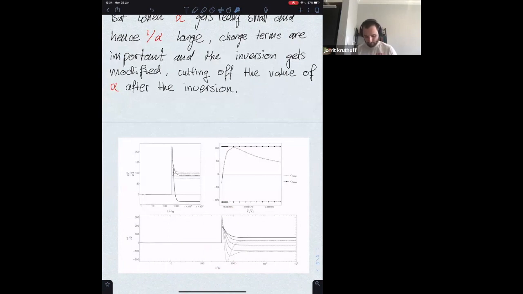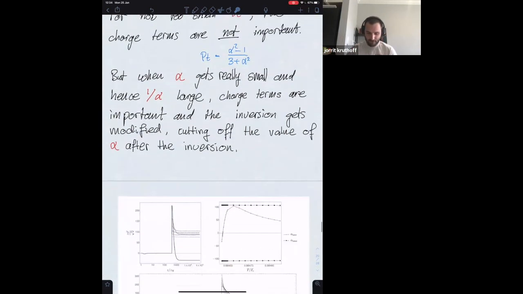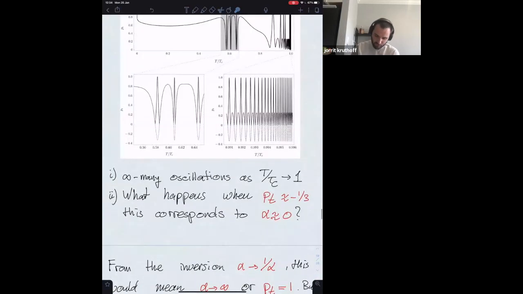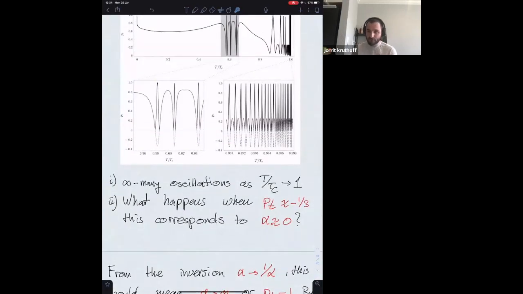And so this is almost like a fractal behavior, because whenever you get close to PT is minus a third, there's a second inversion happening, but then there could also be even more of these inversions happening. And all of that happens very, very closely to PT is minus a third.